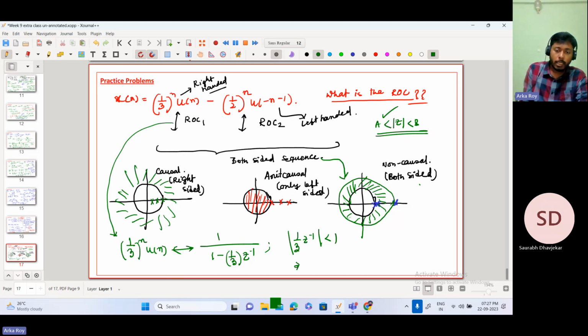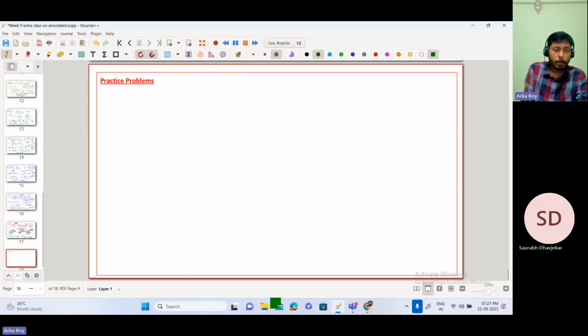So from that logic, 1/(3|z|) is less than 1, so I can take |3z| is greater than 1. So |z| is greater than 1/3. Fine. We take the next page.